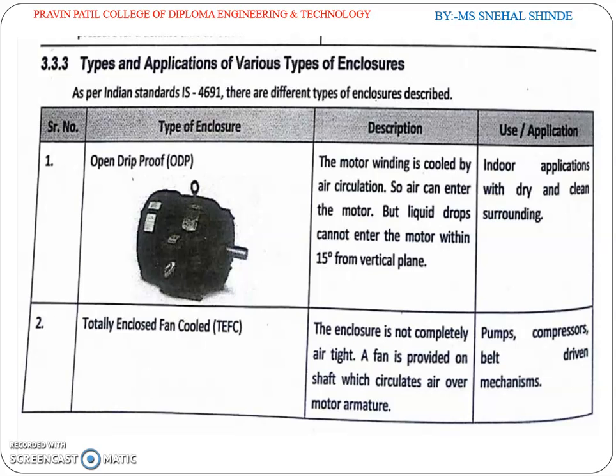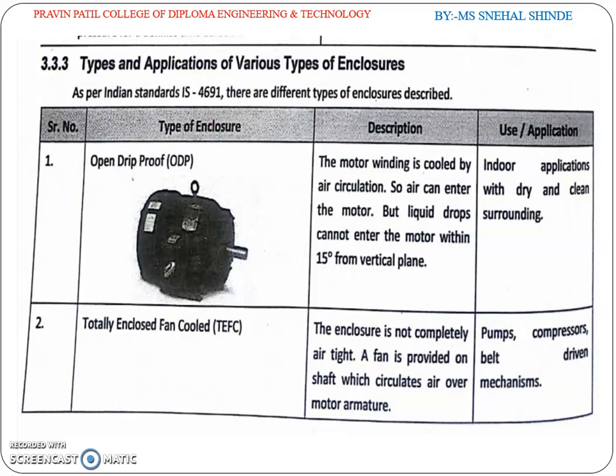Now we will see the types and applications of the various types of enclosure. So, different types of enclosures are used for motors, with detailed descriptions and applications. In the figure you can see first is the open drip proof ODP enclosure.